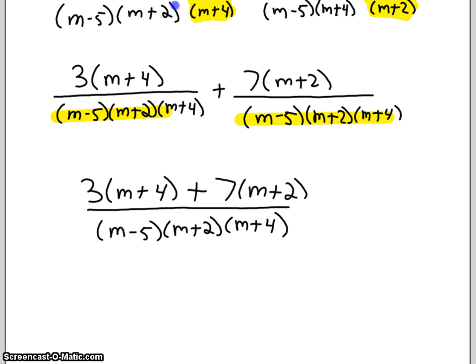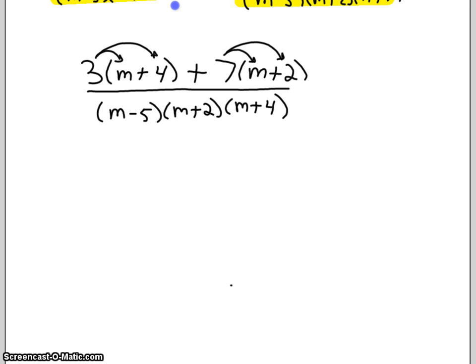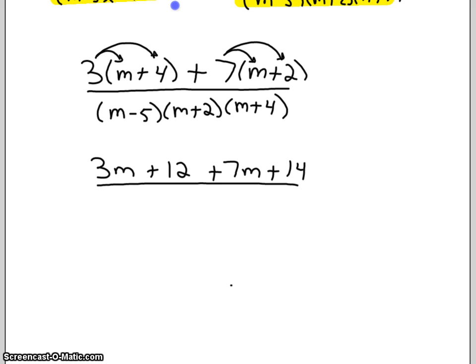Now we have to simplify this numerator, so we have to distribute the 3 here and distribute the 7 here. So we're now going to get 3m plus 12 plus 7m plus 14 over our denominator.